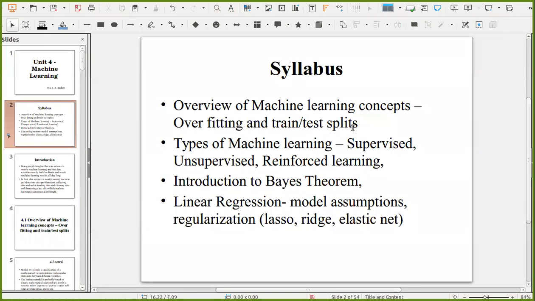train and test splits. So overfitting, it means that whenever we are having... before that, let us see what is meant by training and test splits. So the training split, or I can say the training data, is the data on which labels are already there.